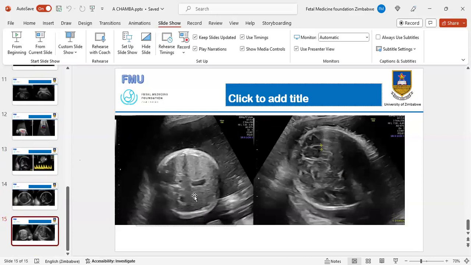So you find on these images of the abdomen, it's very difficult to visualize the stomach itself. You can see the part of the vertebra, the umbilical vein, but when it comes to the stomach, it was very difficult to visualize.